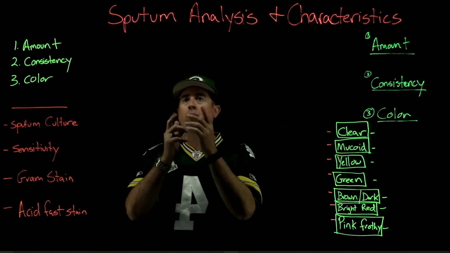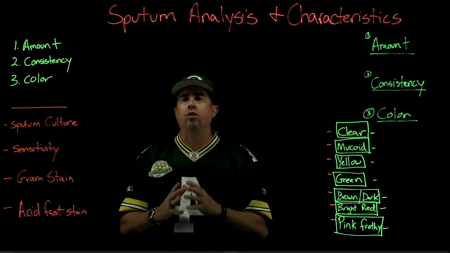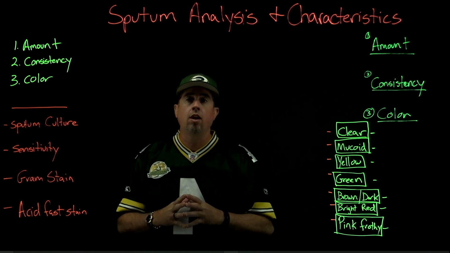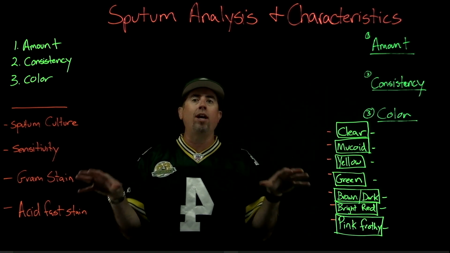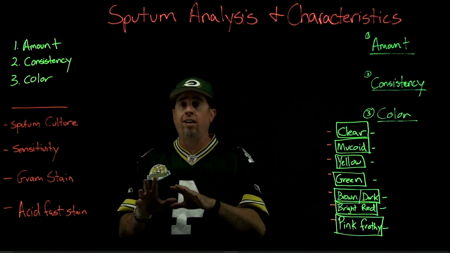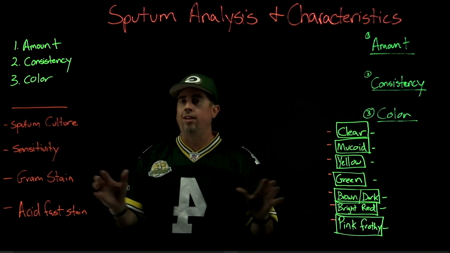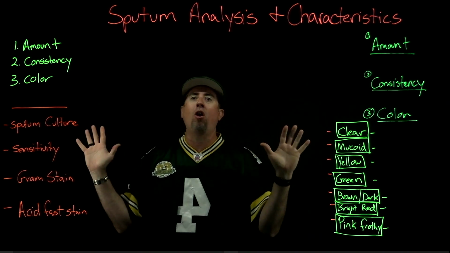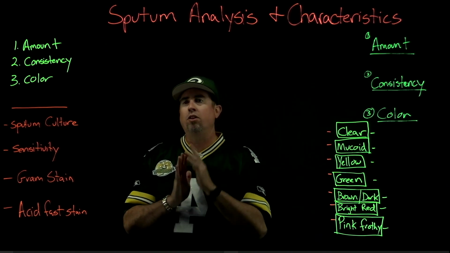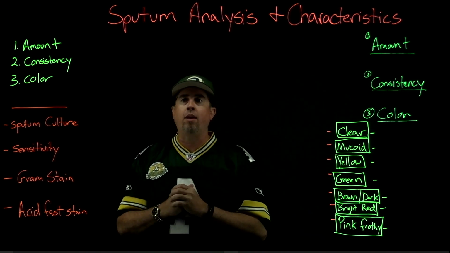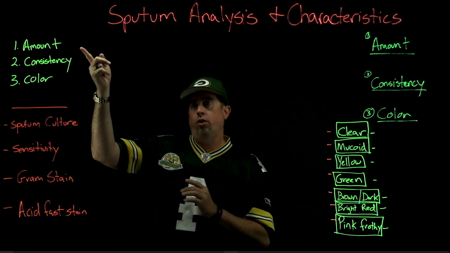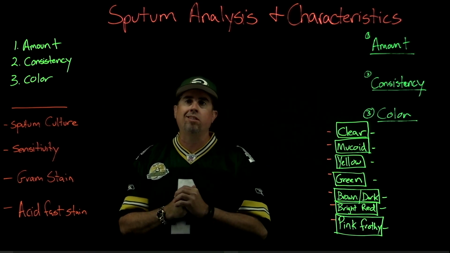First thing I want you to do whenever we do a sputum analysis or we're trying to get some characteristics, and this could be for charting, this could be lab, this could be all things, all-inclusive test taking, is all things RT. The things I want you to focus on in today's lesson are amount, consistency, and color.